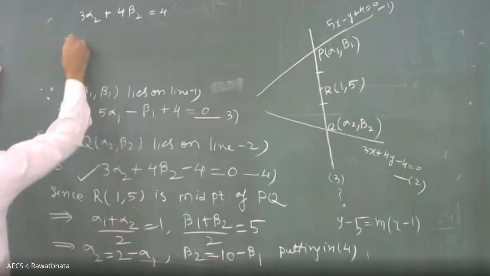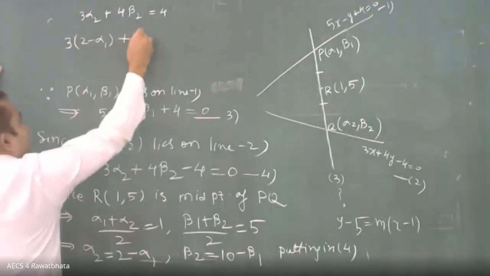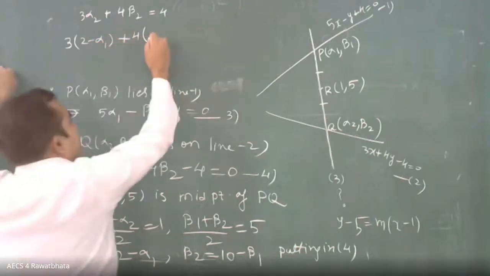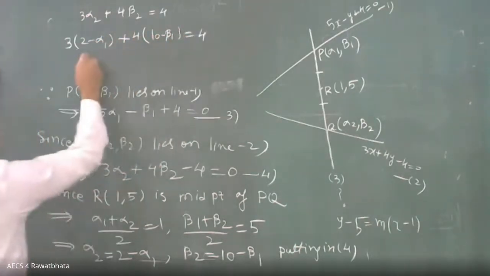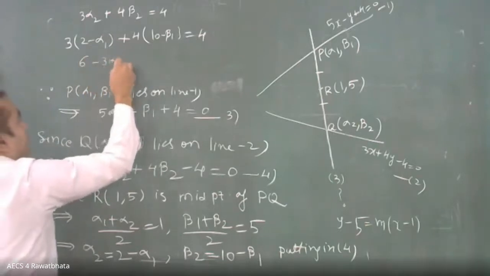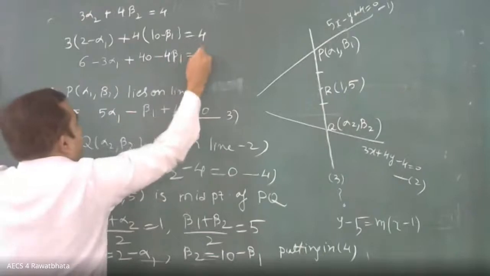This is 3 alpha 2 के प्लेस में 2 minus alpha 1 plus 4 beta 2 के प्लेस में 10 minus beta 1 is equal to 4. Simplifying it, 6 minus 3 alpha 1 plus 40 minus 4 beta 1 equals to 4.